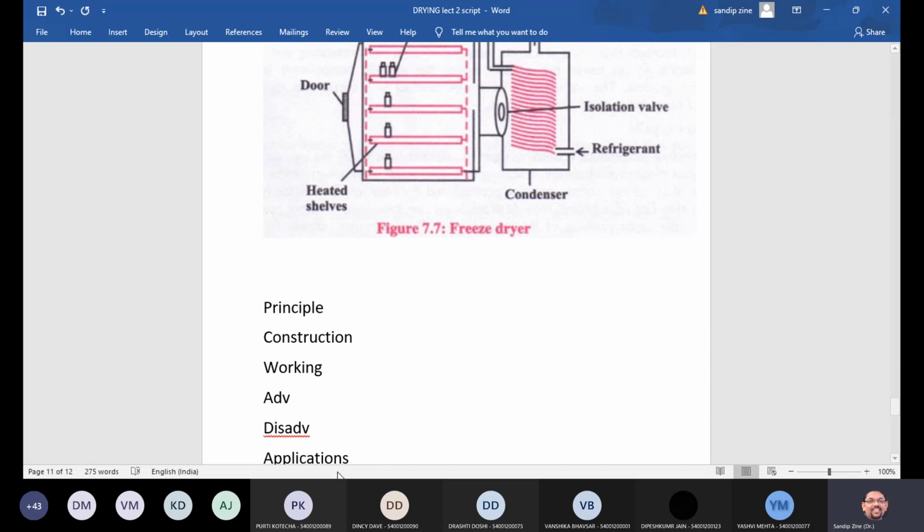As per its weightage. So in principle of this freeze dryer, we can say freeze drying, or what is the synonym for this freeze drying? There is lyophilization, isn't it? You can note down this word lyophilization.